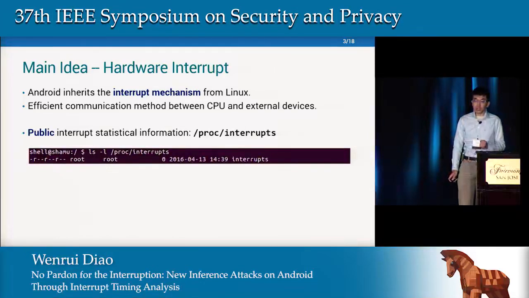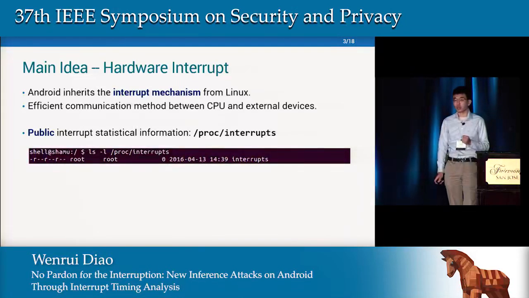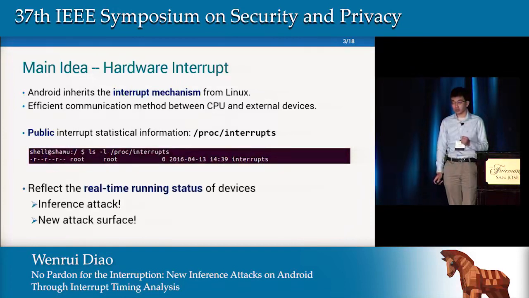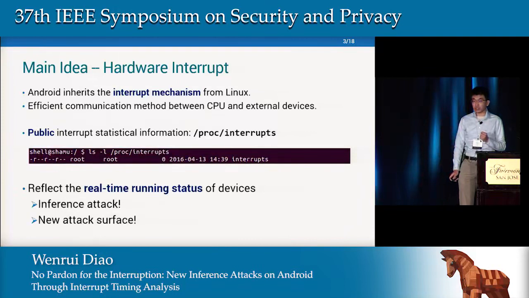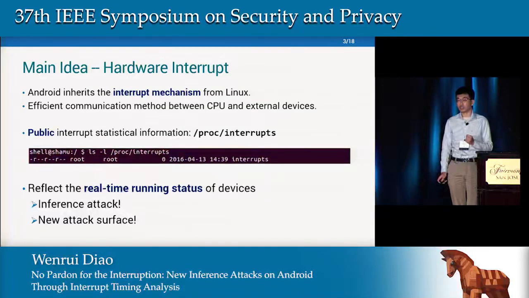All reported interrupts are counted by the OS and saved into a system file named proc/interrupts, which is public to any process. We find such interrupt statistical information reflects the real-time running status of devices, which could be exploited by an attacker to infer sensitive information, such as user-sensitive data and interaction with the device.